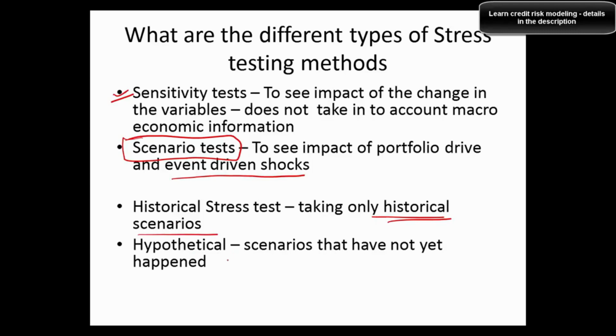Hypothetical stress testing is another way of doing scenario testing, wherein you take scenarios that have not yet happened, something that has never been realized but could well happen, although the probability is very small, yet you cannot rule it out.